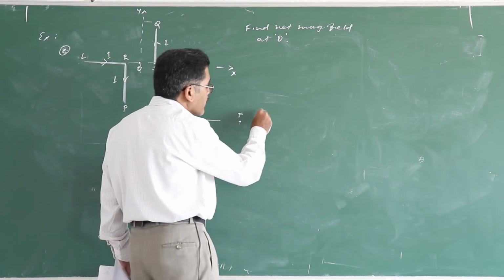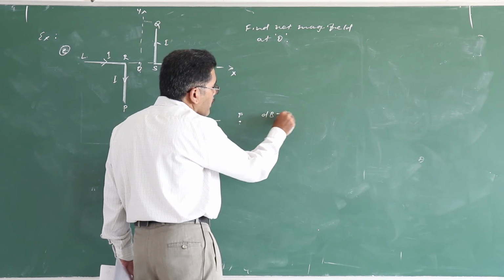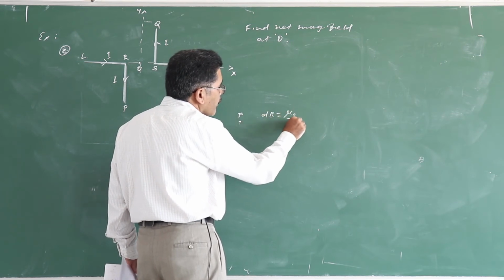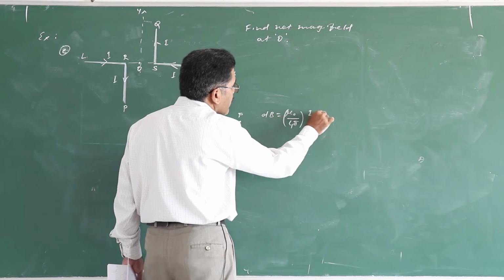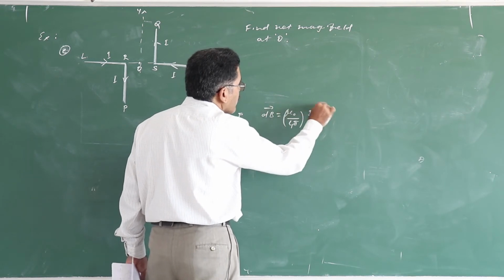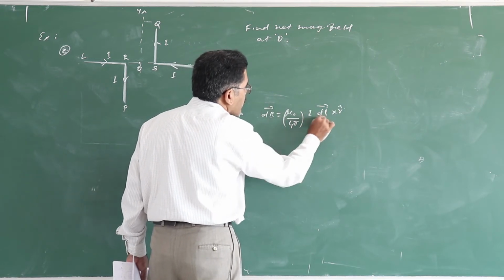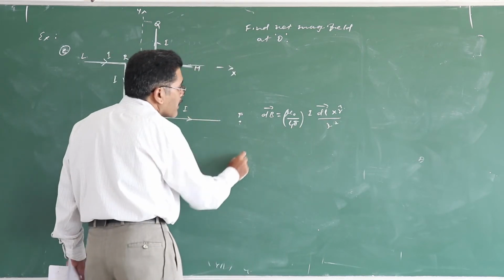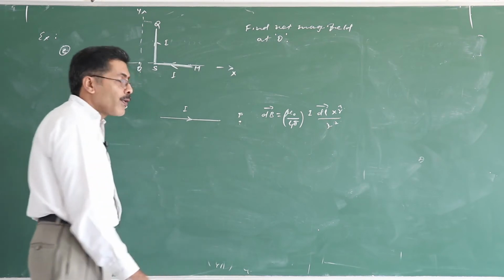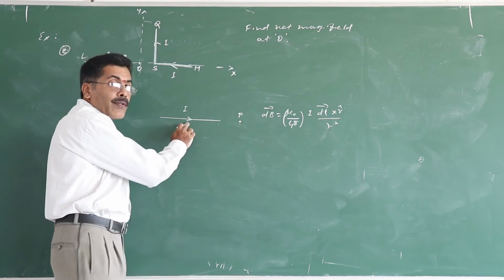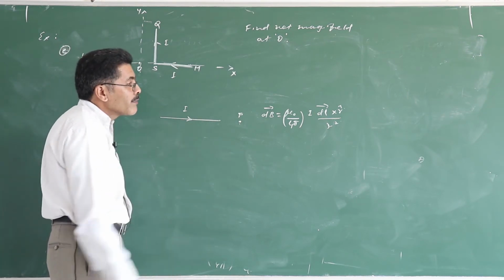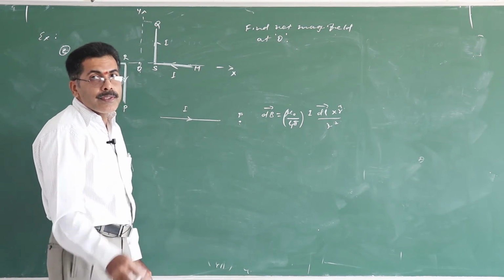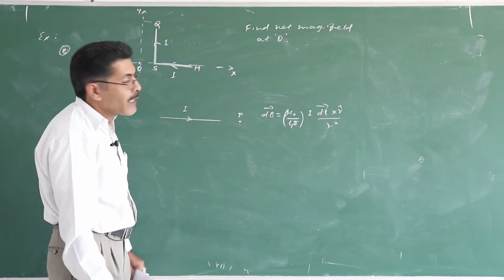Why? Because by Biot-Savart's law, dB is I into dl cross r cap divided by r square. At P, the angle between the current element and the radius vector is 0. Sin 0 is 0, since in a cross product sin theta will come.